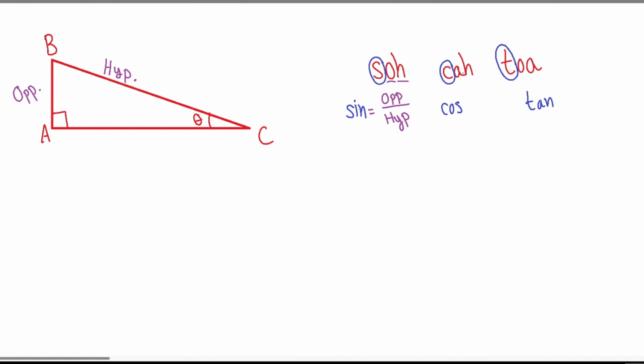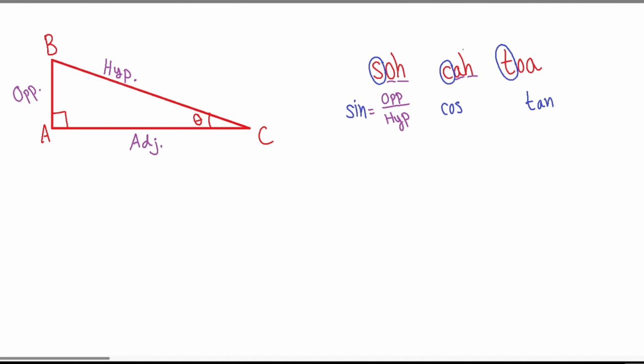For cosine, we have an A and an H. The A stands for adjacent. The adjacent side would be the side closest to the angle, or adjacent to the angle. Since side AC is right next to angle theta, and it is not the hypotenuse, AC would be the adjacent side.